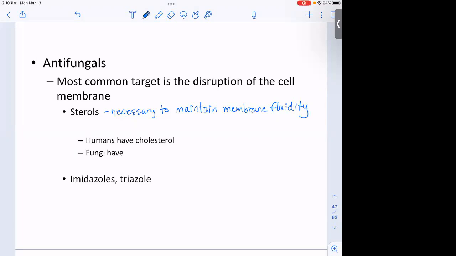Fungi don't have cholesterol. They have something called ergosterol, which is slightly different. And so a couple of drugs, like the imidazoles and the triazoles, both of these drugs are targeting ergosterol synthesis.